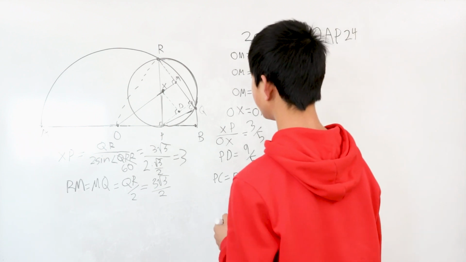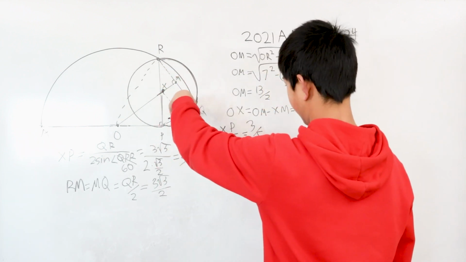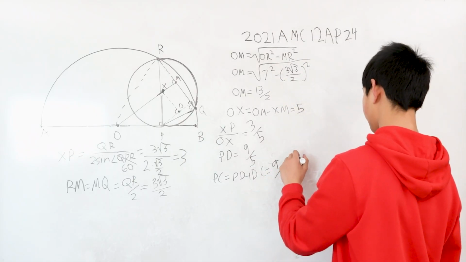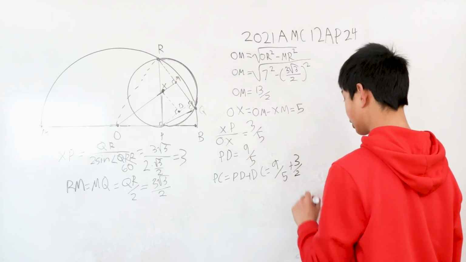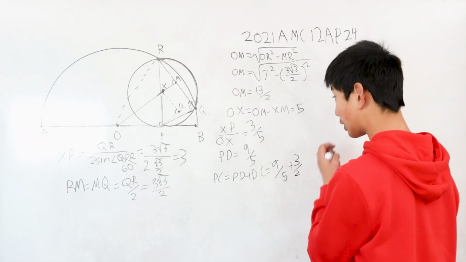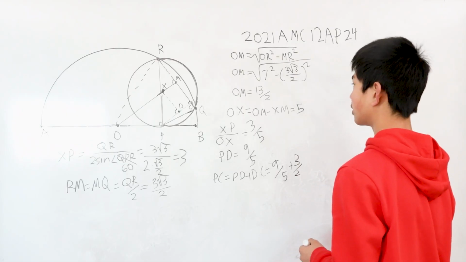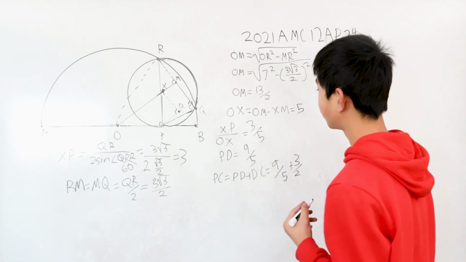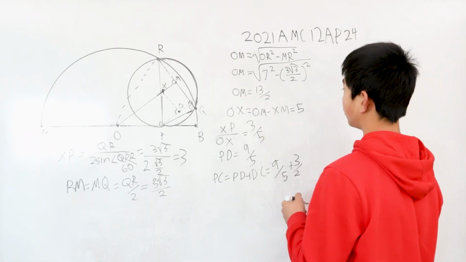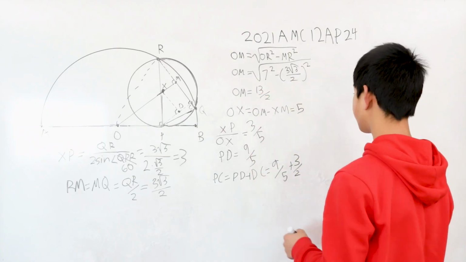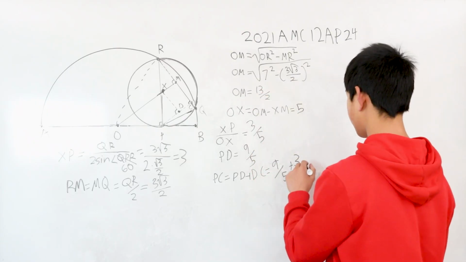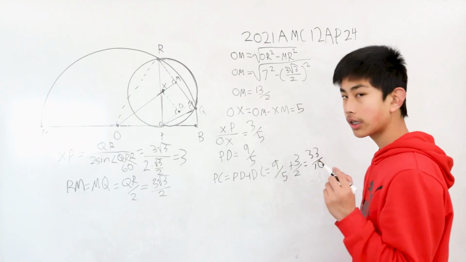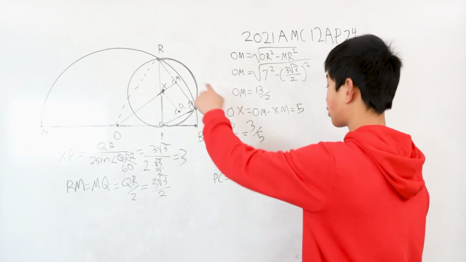Basically, it's not equal, but it's at the same region. This is going to be the value 3/2 in this case, because we know XM is also 3/2, since when you subtract 3/2 from 13/2, that gets 10/2 or 5. So this is 33/10. We can now solve for the area of this triangle.